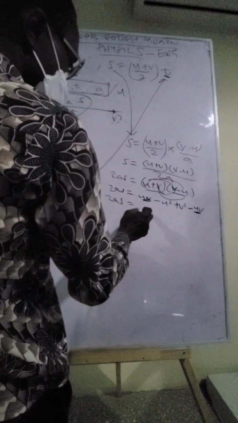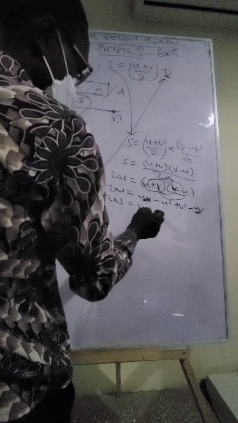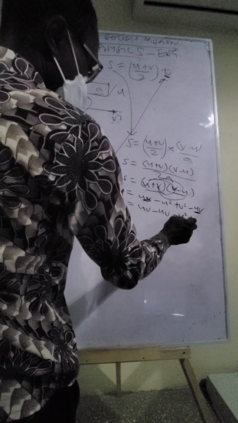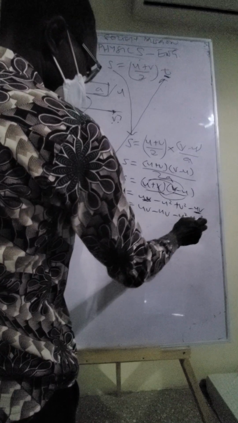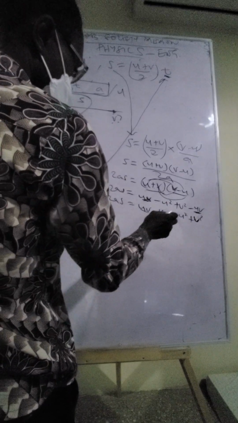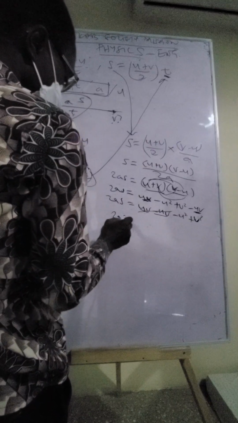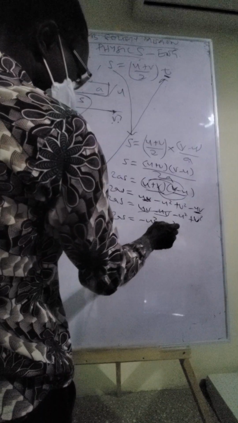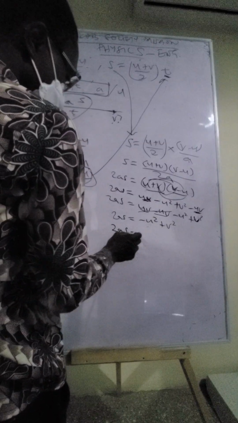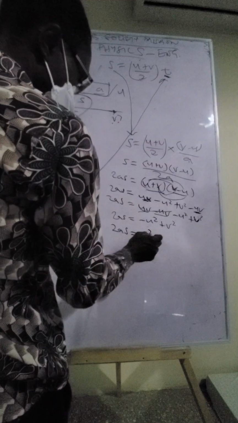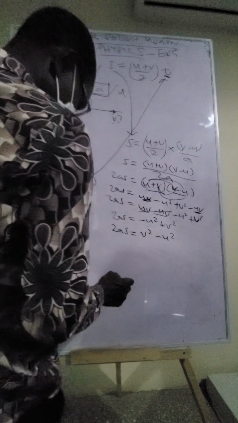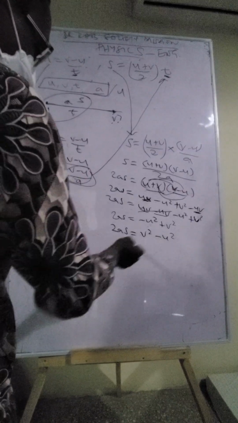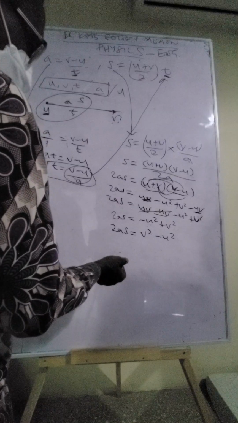So we're going to get UV minus UV, this is minus U squared, this is plus V squared. UV minus UV will give us zero. So that 2AS is equal to minus U squared plus V squared. This you can rewrite as 2AS is equal to V squared minus U squared.